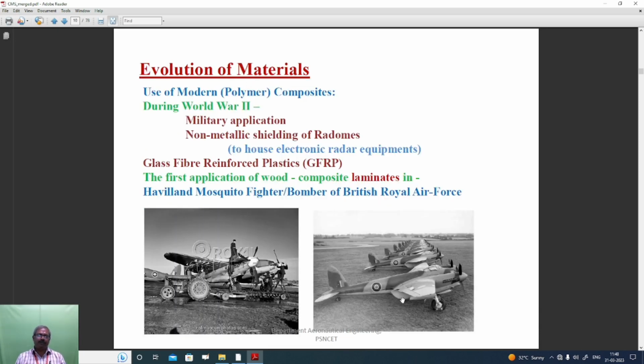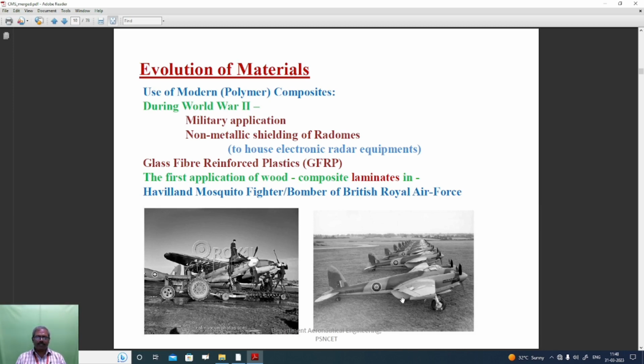Then the evolution of the materials, particularly the composite material. The use of modern composite materials evolved during World War II for military applications and non-metallic shielding of radomes to host electronic radar equipment. They mainly used glass fiber reinforced plastics, GFRP.